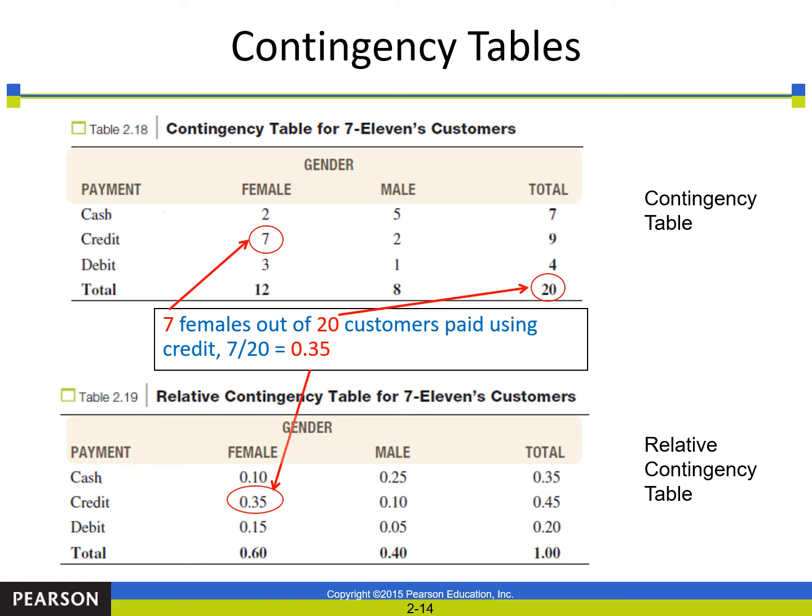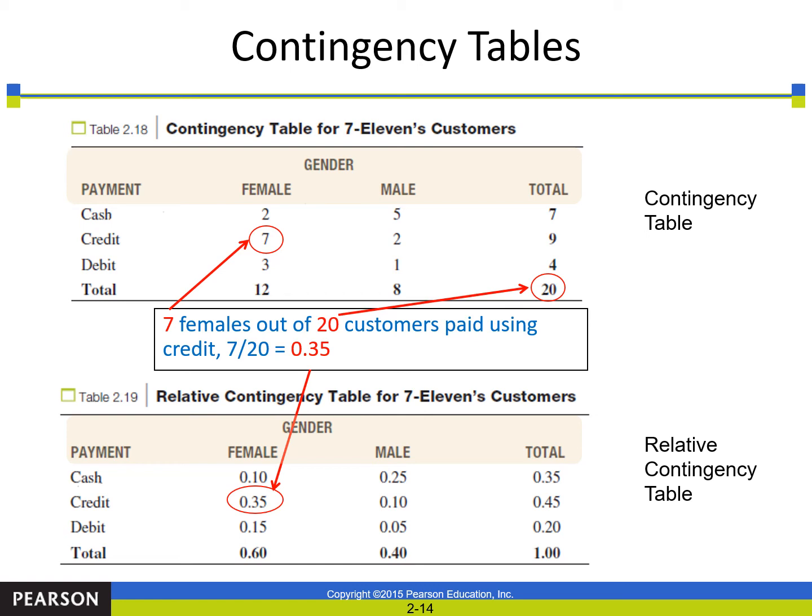We have 12 total female, 8 total male, which adds up to 20. And in the rightmost column, we have total numbers of customers that paid with each method, 7 for cash, 9 for credit, and 4 for debit. And of course, they also add up to 20. So this is what a contingency table is.